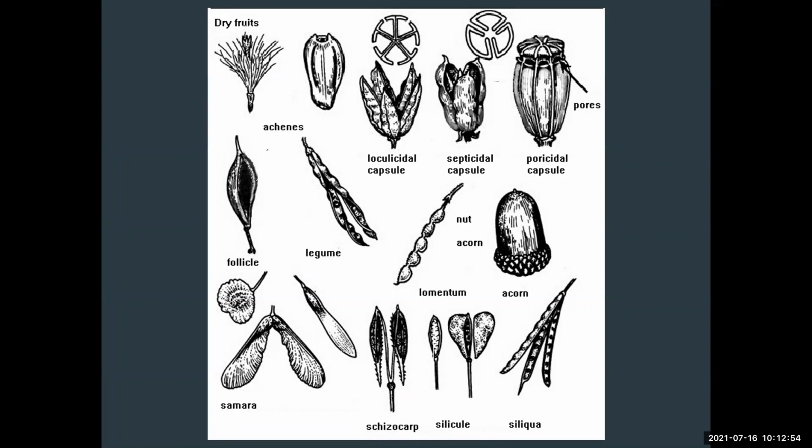Other fruits might break apart in various ways. And again, some of them may be winged. So you think about maple trees, which have these really distinctive schizocarpic samaras, right?